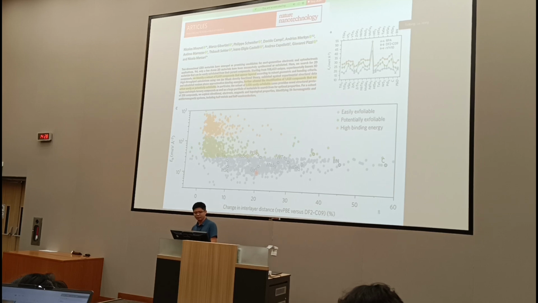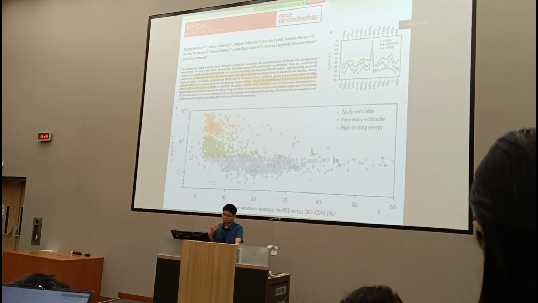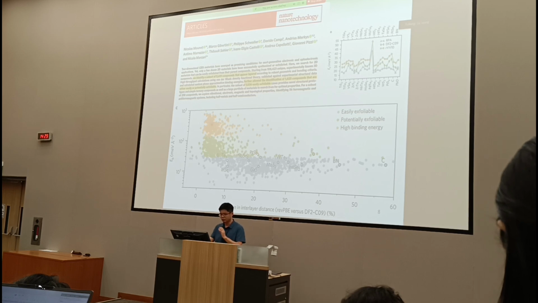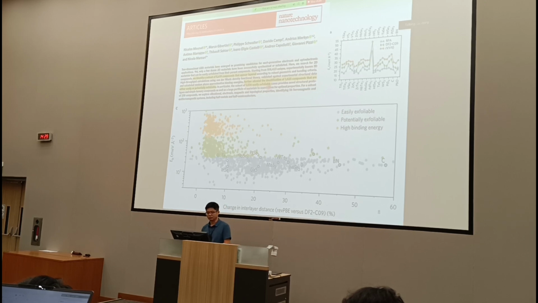Below the reference, we can consider the materials relatively easy to exfoliate. But a large exfoliation energy means it is not doable. So in principle, 3D stays at 3D, right? Using this kind of approach, you can predict more than 1,000 easily exfoliable two-dimensional materials.